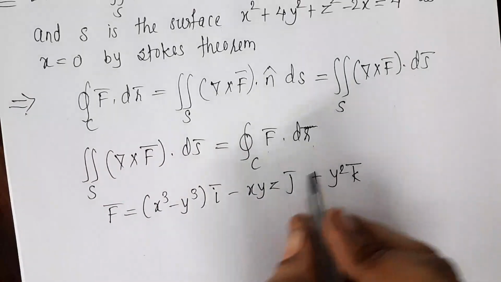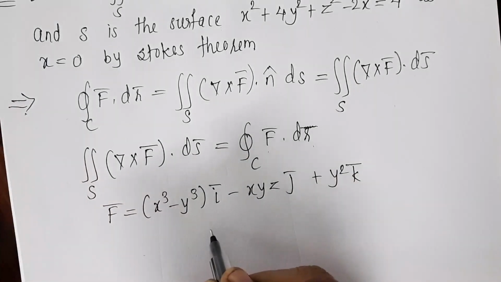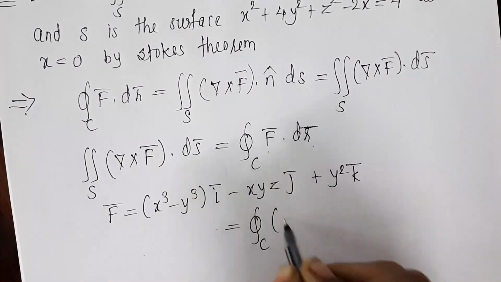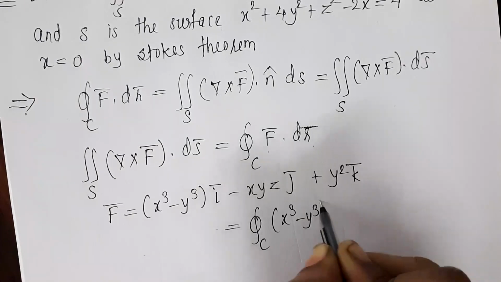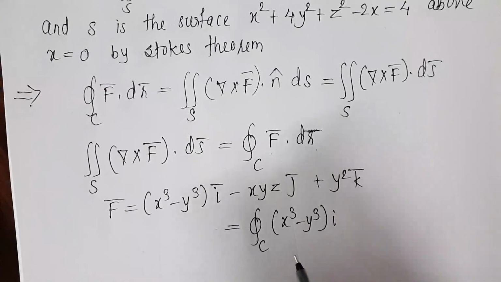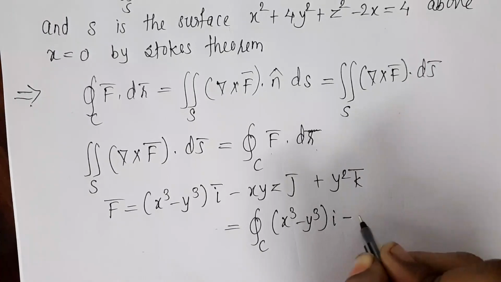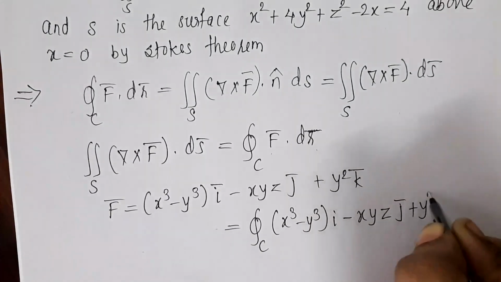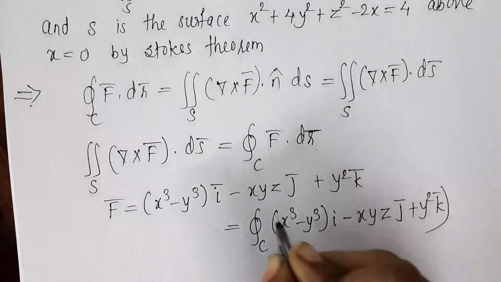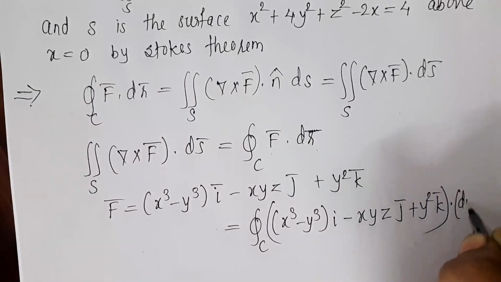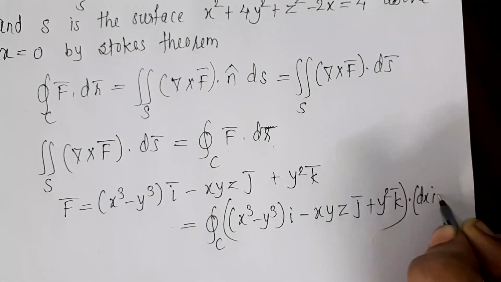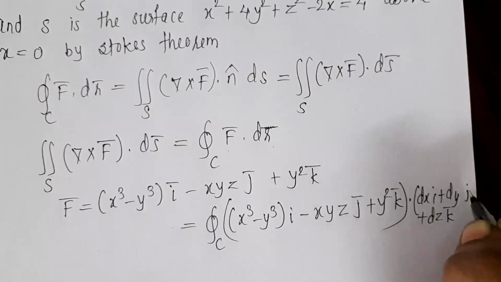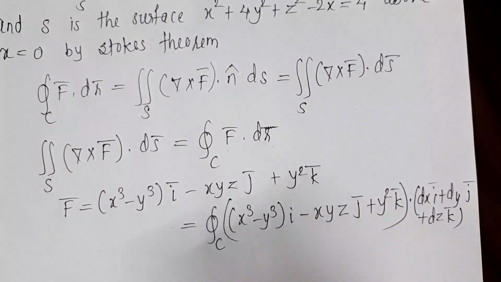Now substitute this f, and dr is dx i plus dy j plus dz k. So the integral over C of f dot dr is the dot product of this vector with dx i plus dy j plus dz k.